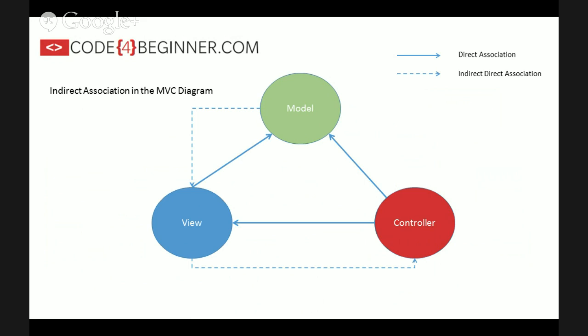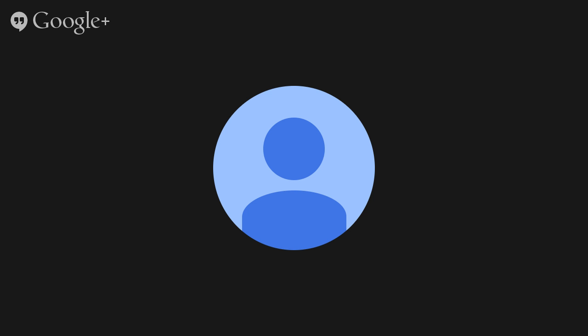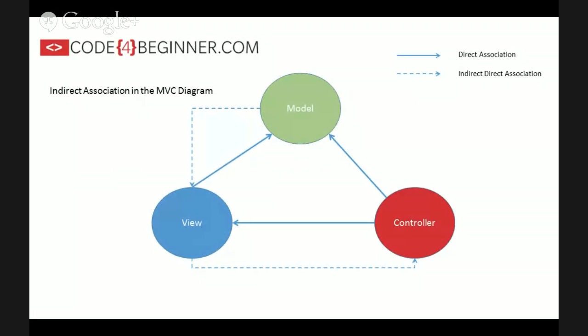That means when the user says that I want to update that model, the view sends the data to the controller. It is the controller that binds the data to the model which the model is expecting, and it gives the data to the model. That means the view does not create an instance of the model here in the view.